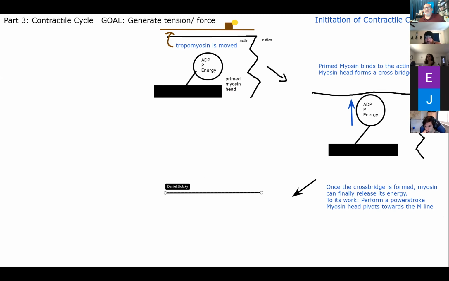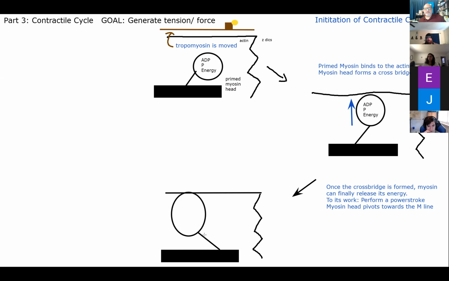So there's my actin, my wiggly Z disc, my myosin, and what my myosin head has done is performed this power stroke. Basically, it has pivoted. So again, it started here. Oops, nope. It started here, and it pivots towards the M line.